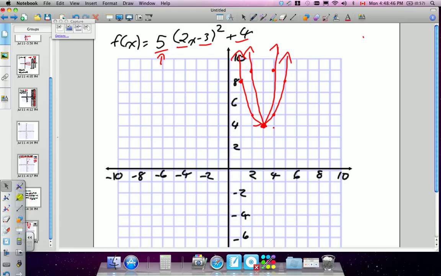Now, a horizontal stretch, let's move this. This is our original again. We're still at our vertex here. The horizontal stretch is by a factor of 2. So normally we go over 1, up 1. Think of it the other way now. Instead of going over 1, up 1, I'm stretching it by 2.